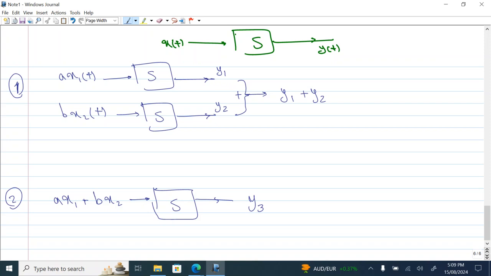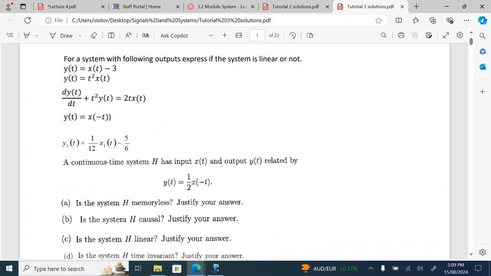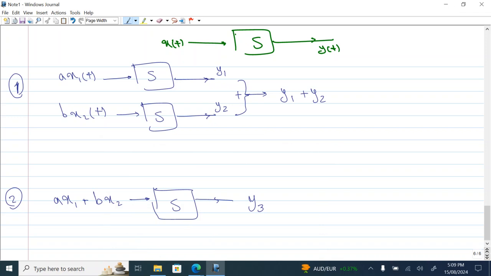Now, I keep the same page because I want to refer to this page. I'll quickly go back to see the first system: y(t) is x(t) minus 3. So all this system does is deduct 3 from your input. Now, let me use another color. Okay, now what happens if I send a x1(t) to the system?